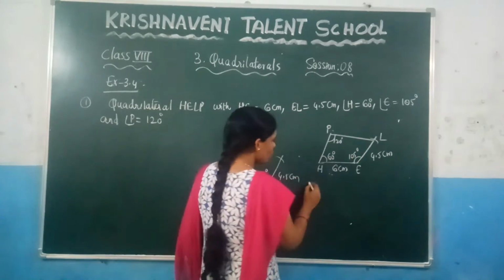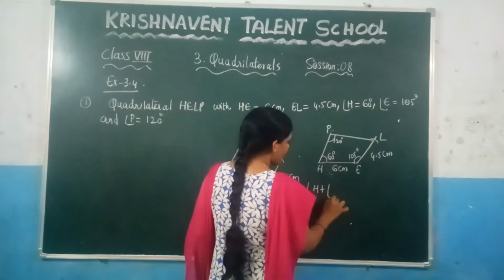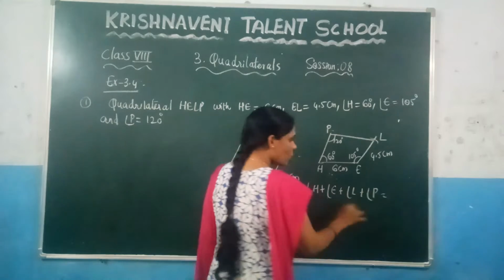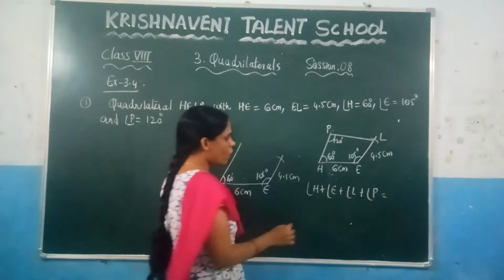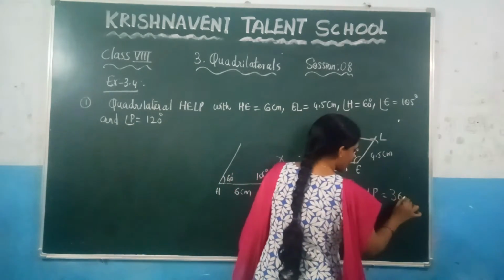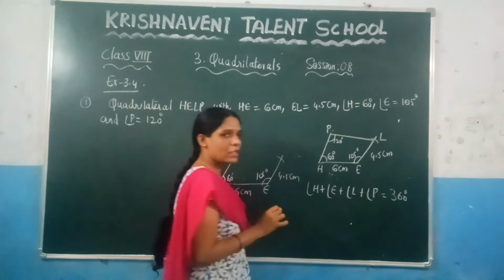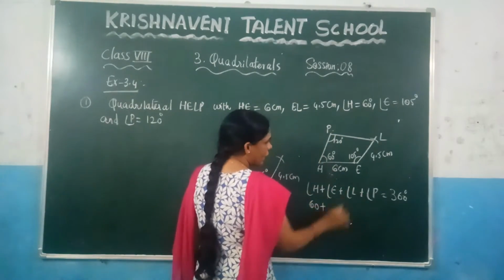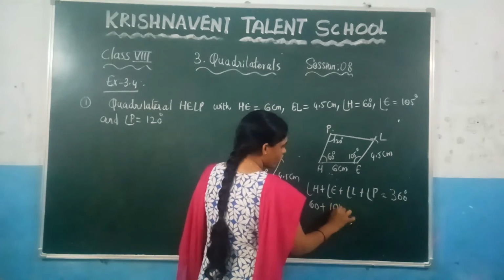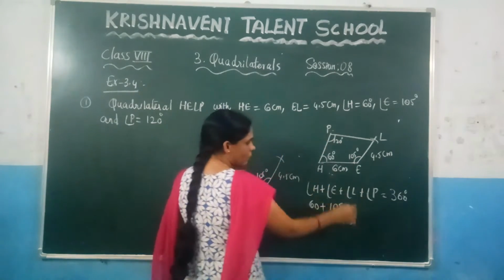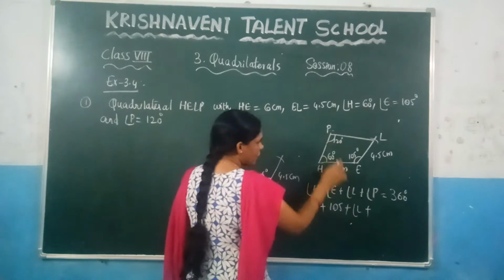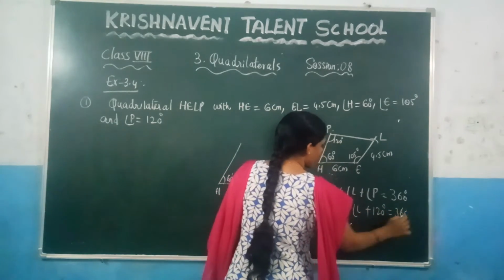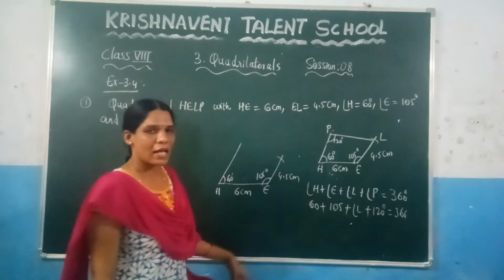So angle H plus angle E plus angle L plus angle P. The sum of the angles in a quadrilateral is 360 degrees. Now angle H is 60, angle E is 105, angle L we don't know, and angle P is 120. So from this you can find angle L.